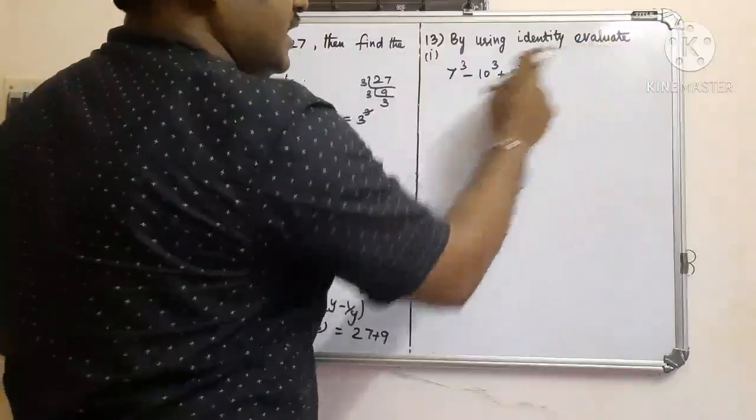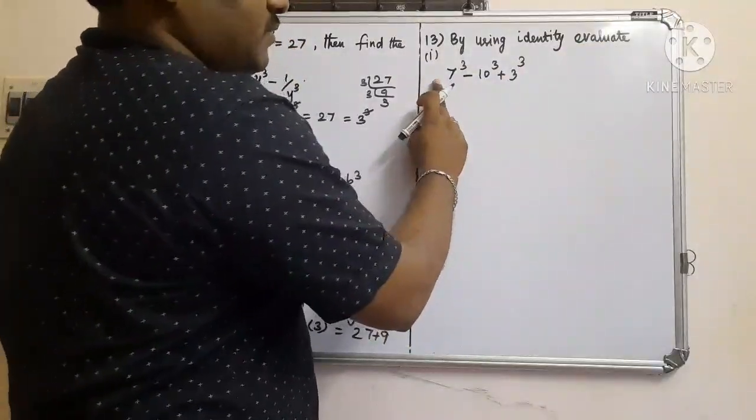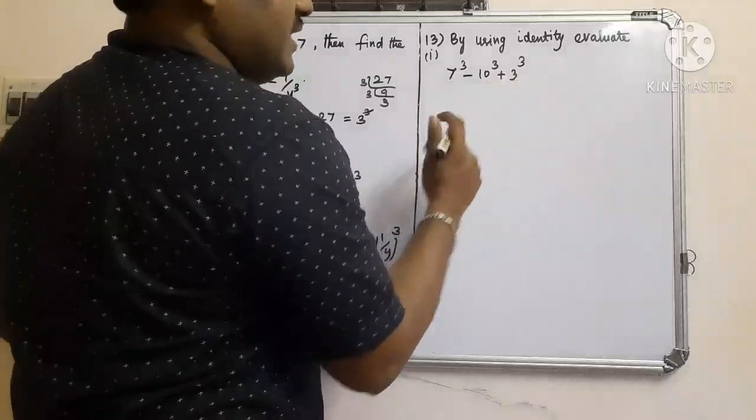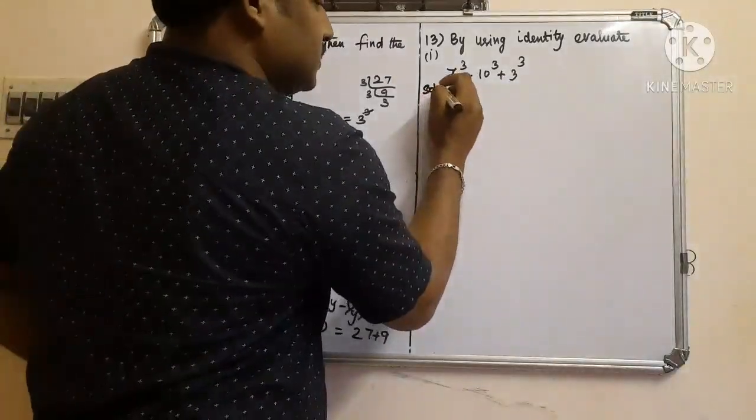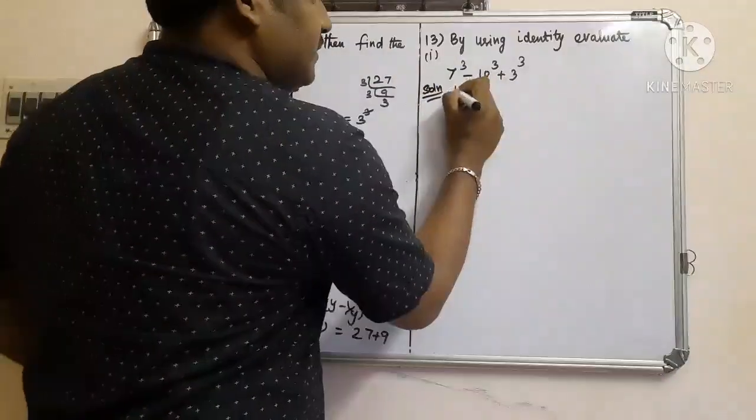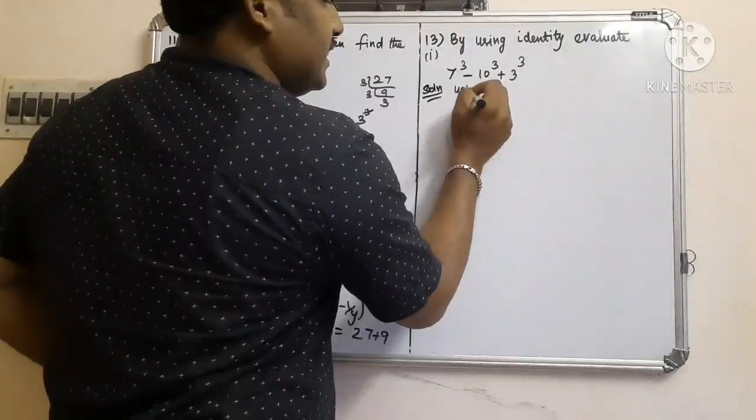So next, 13th question. By using the identity, evaluate. Question number 1: 7 cube minus 10 cube plus 3 cube. Solution. So we know the identity we will use.